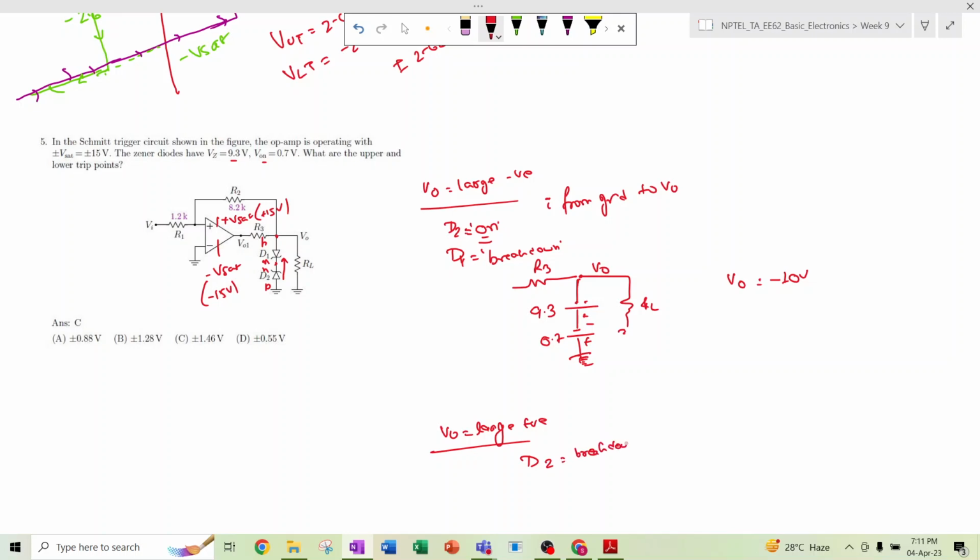breakdown condition and D1 becomes in the on condition.